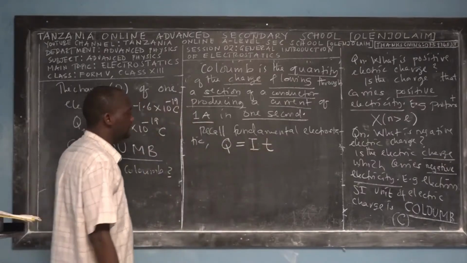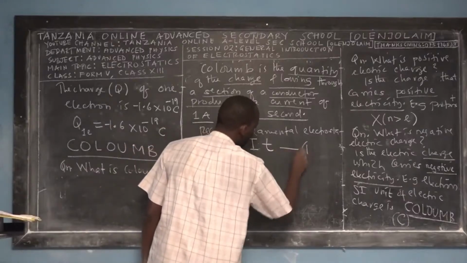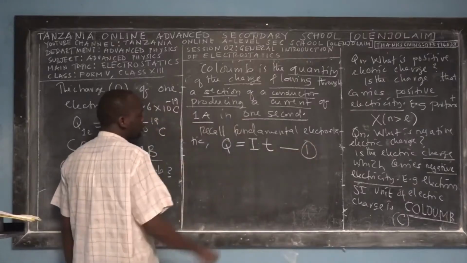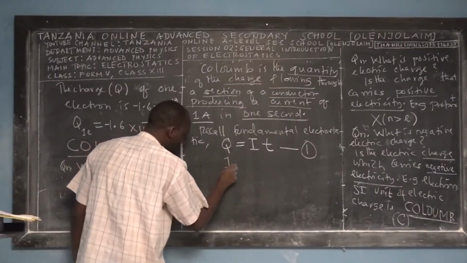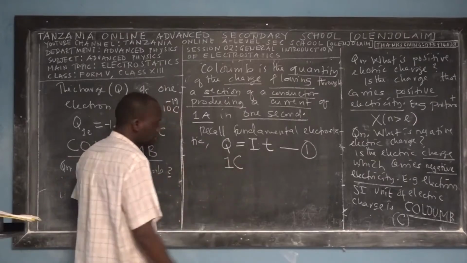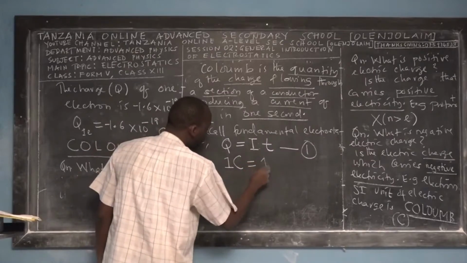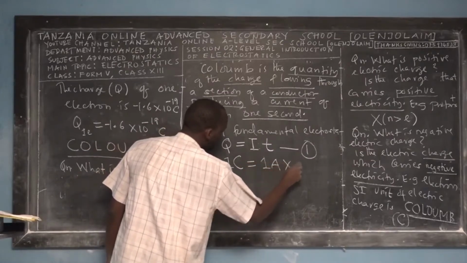Right? This is the first equation, if you do remember. So by using this expression, before I go to the other one, say 1 Coulomb is equal to 1 ampere multiplied by what?